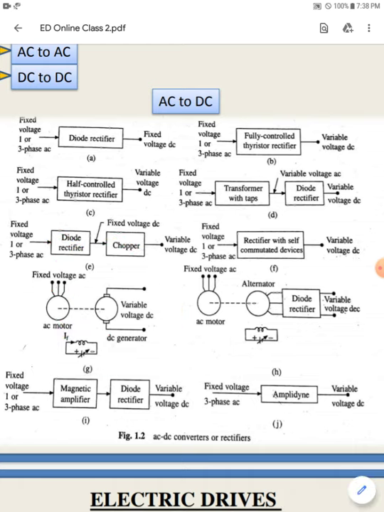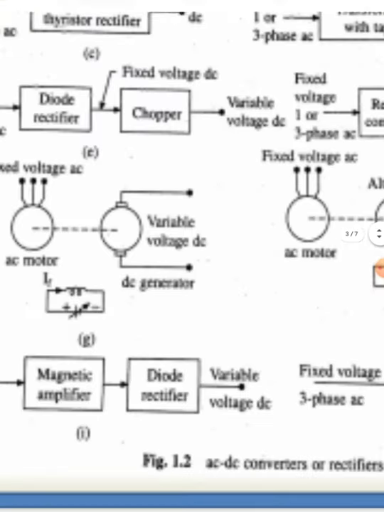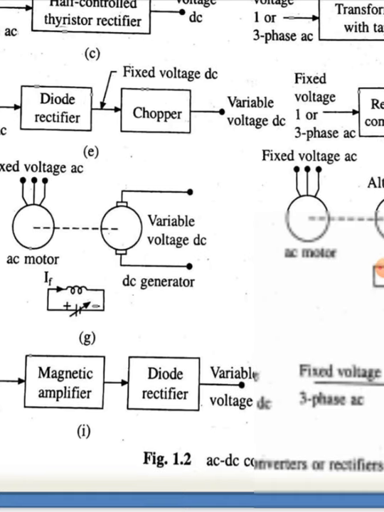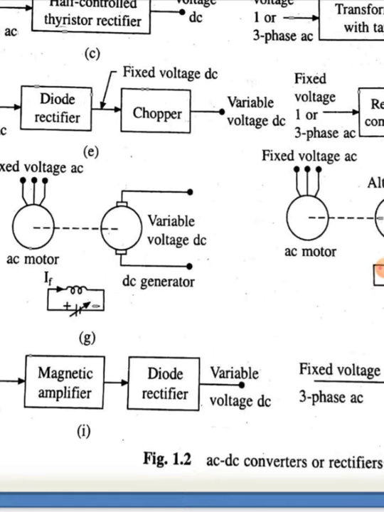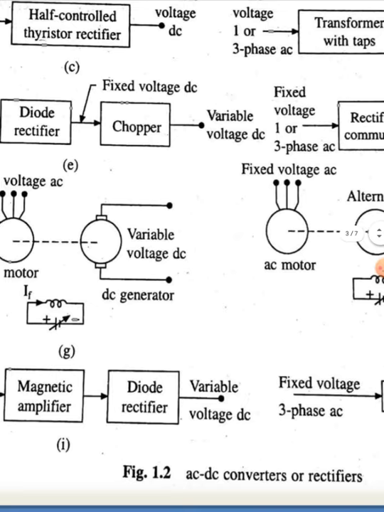By changing the input field winding voltage, so it is a variable DC, you are seeing here, right? The arrow mark shows that this field can be varied. So by changing the field magnitude, we can change the speed of this AC motor.